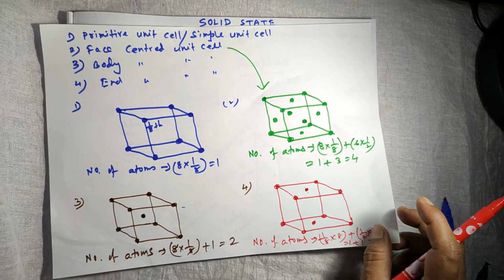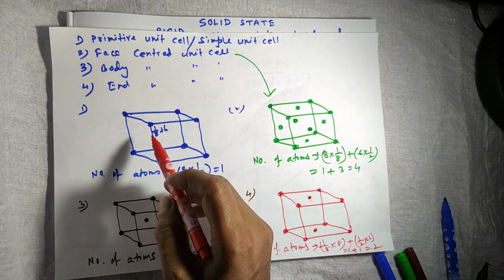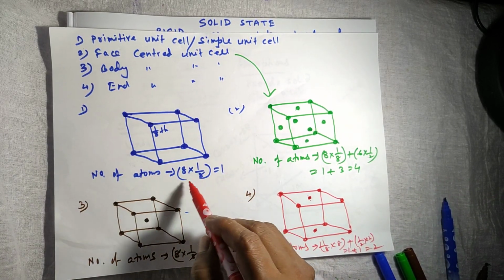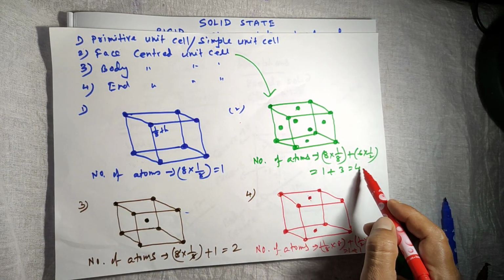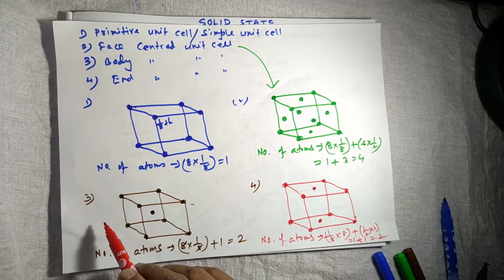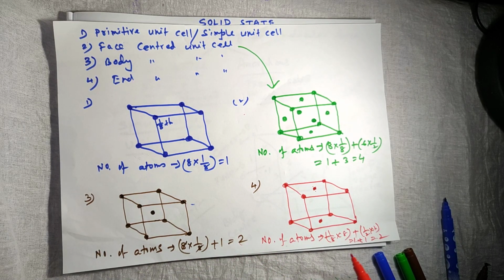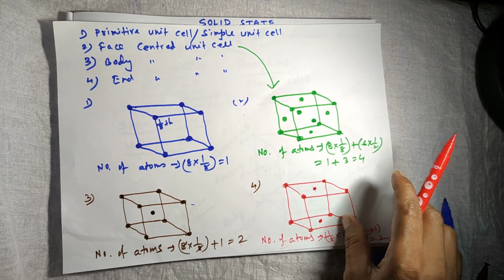So I think students, you have understood. In a simple unit cell, the number of atoms is 1. In the second one, face centered unit cell, the number of atoms is 4. Third, in the body centered unit cell, the number of atoms is 2. In the fourth, end centered unit cell, the number of atoms is 2.